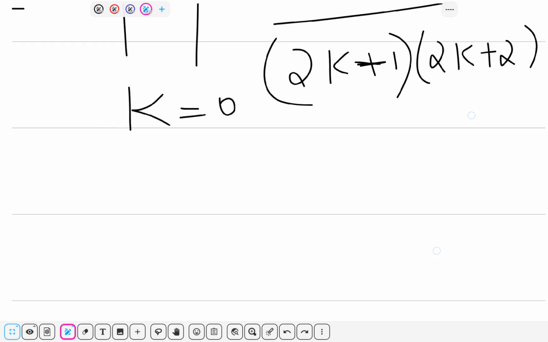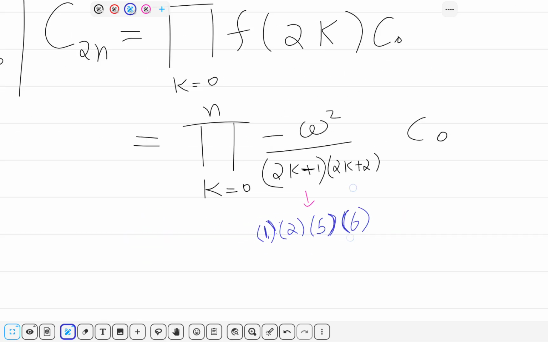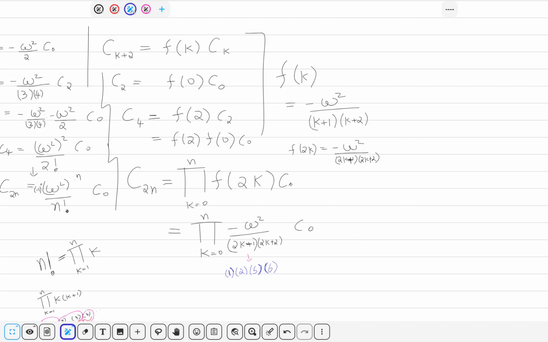If I analyze this, we are starting from 0, so the first term will be 1 times 2, the next term will be 5 times 6. Okay, this is very weird. I didn't mess up somewhere, honestly.